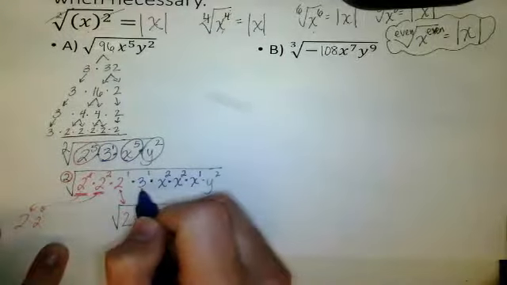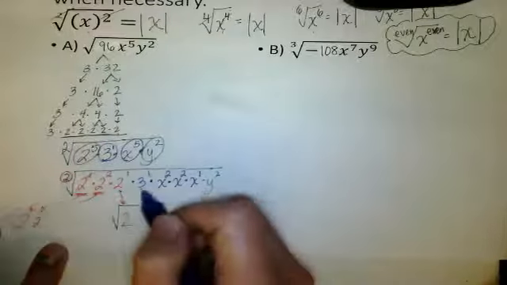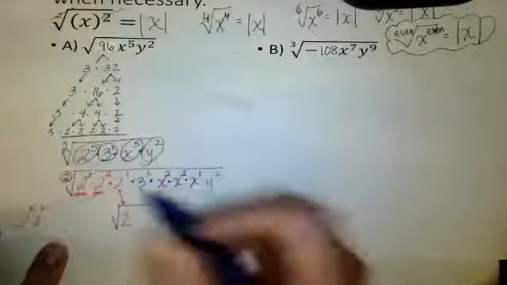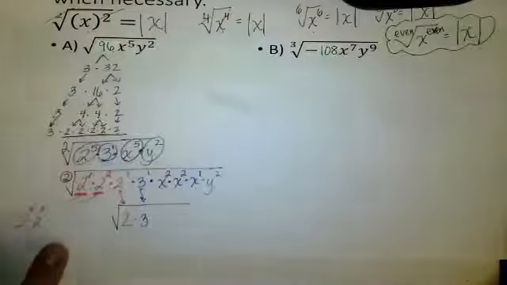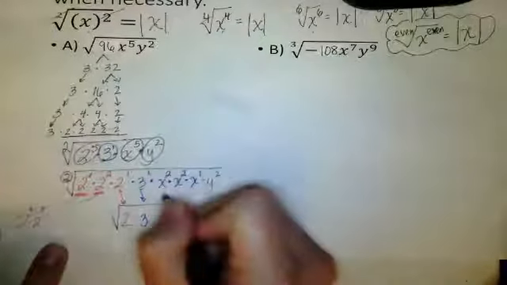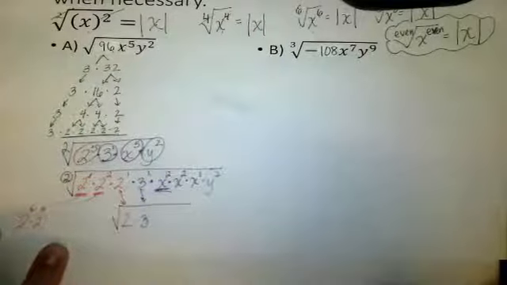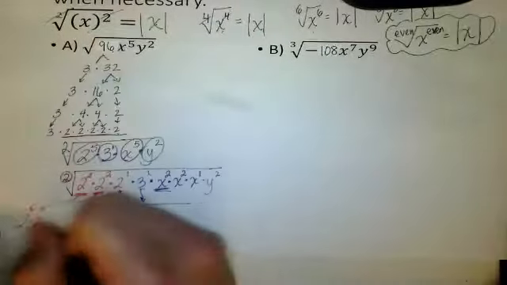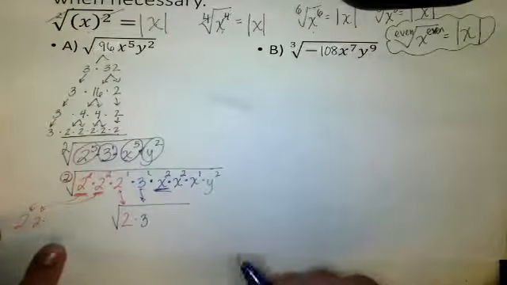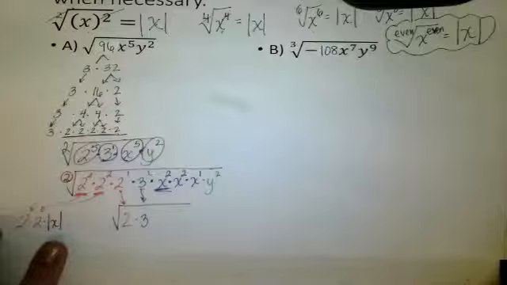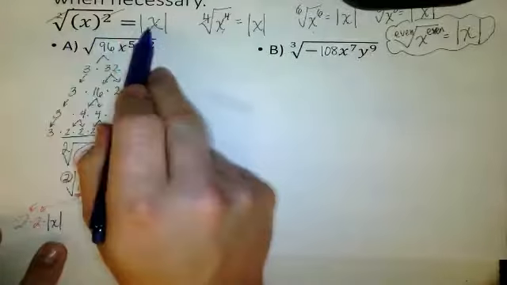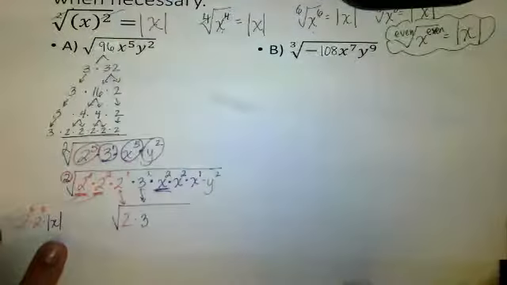What about 3 to the 1st? Can I take the square root of 3 to the 1st? No, that one has to stay. What about the square root of x squared? x, is it just x? Ooh, tricky, absolute value of x. Right there, the square root of x squared is absolute value of x.